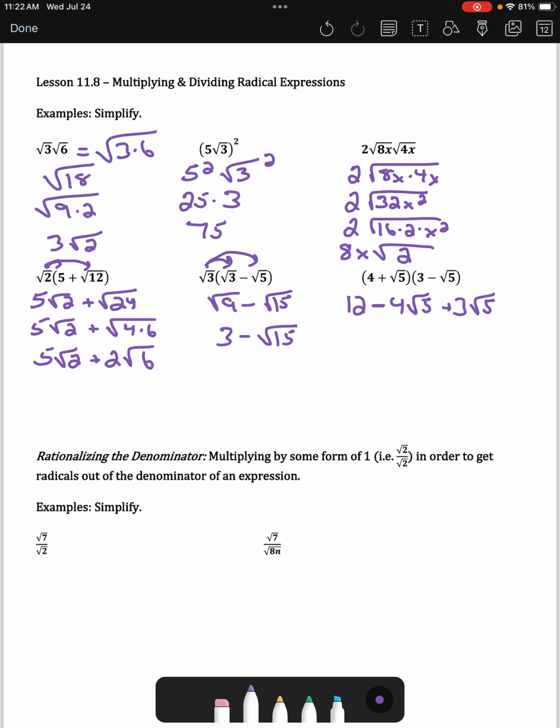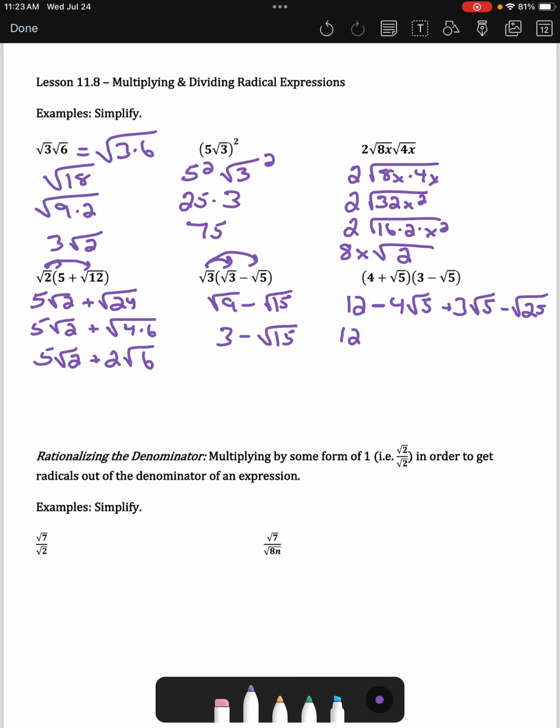Convention is always to write a radical expression with a radical as the second part, so even though we're saying root 5 times 3, written out, it's going to be 3 root 5. And then positive root 5 times negative root 5 is negative root 25. Positive times negative is negative, and 5 times 5 is 25.